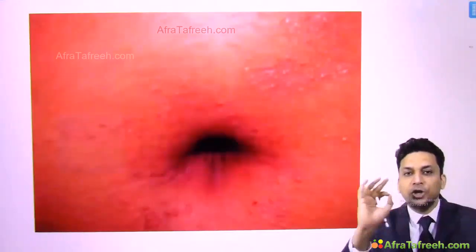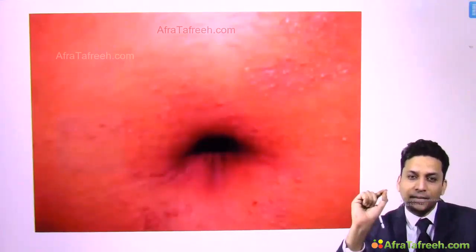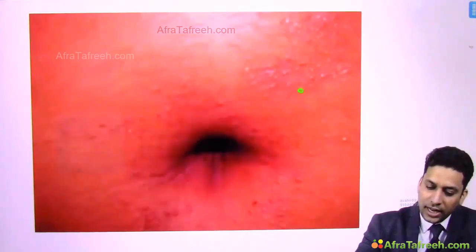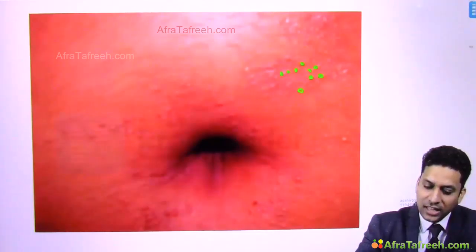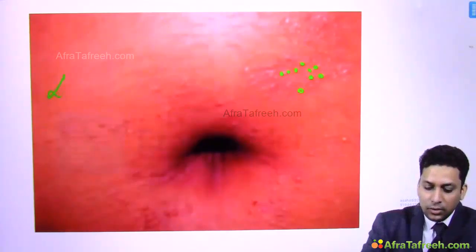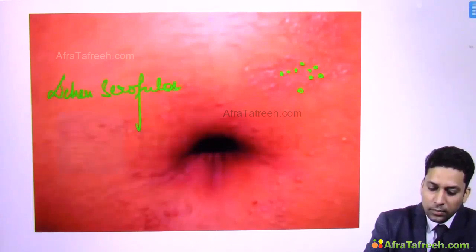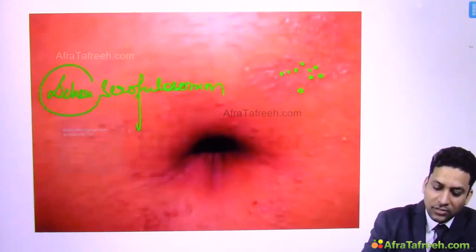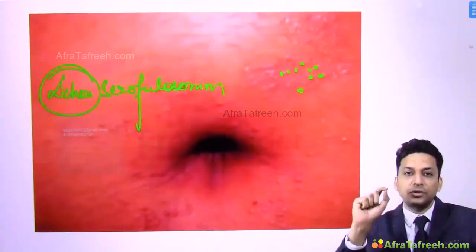While I told you there is a tuberculid which presents with very tiny papules. You can see very tiny papules. This is the micropapular type, also known as lichen scrofulosorum, and this generally occurs over the trunk. Now remember, this starts with the term lichen, so many times we get confused with lichen planus.